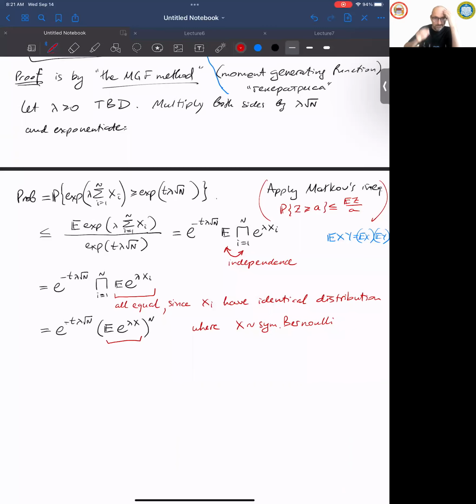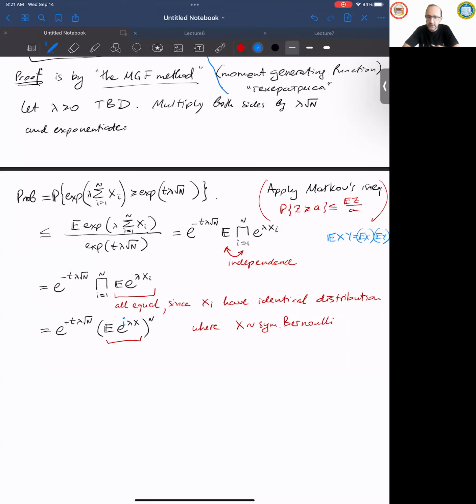This has a name, actually. e to the expected value of e to the lambda x. There's a name in mathematics for this object. Characteristic function. And that is almost the characteristic function. If I had i in front of this, the complex identity, that would be the characteristic function, right?